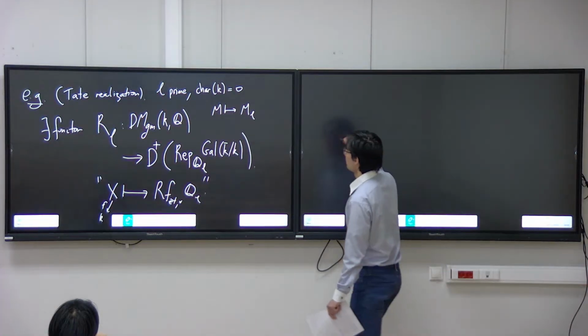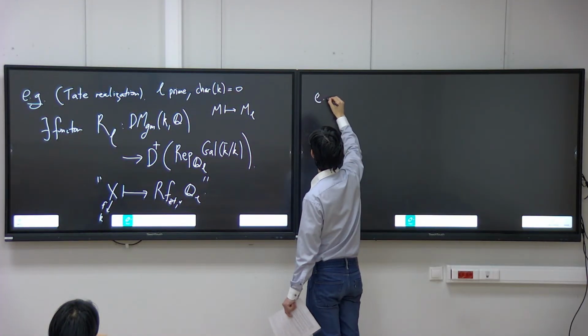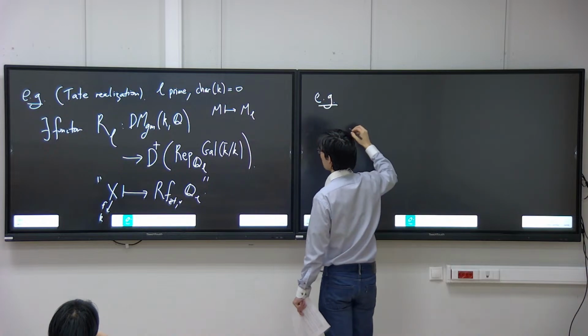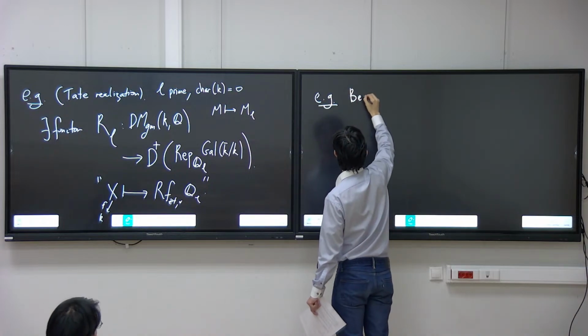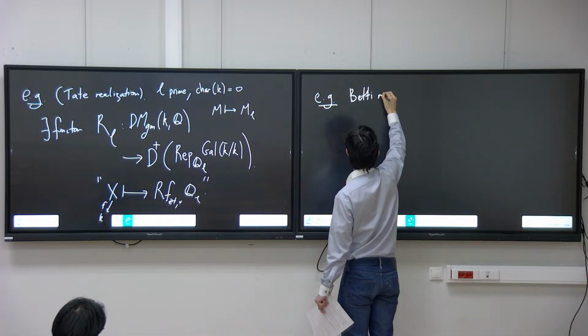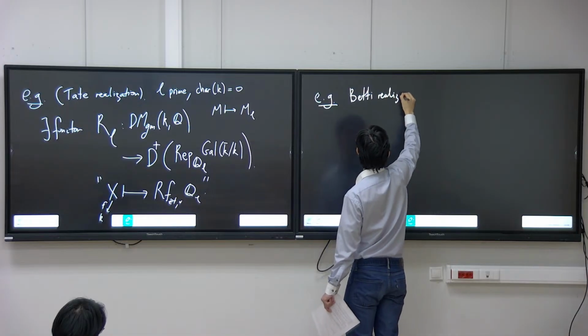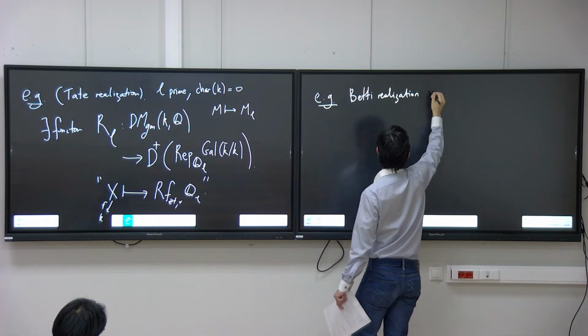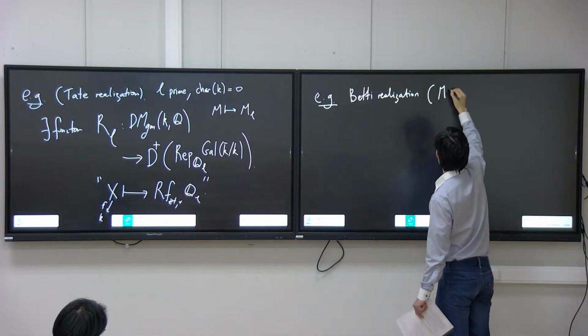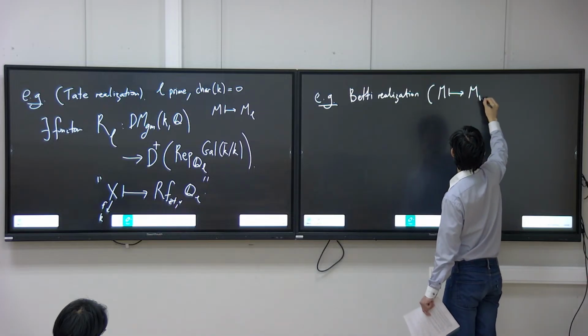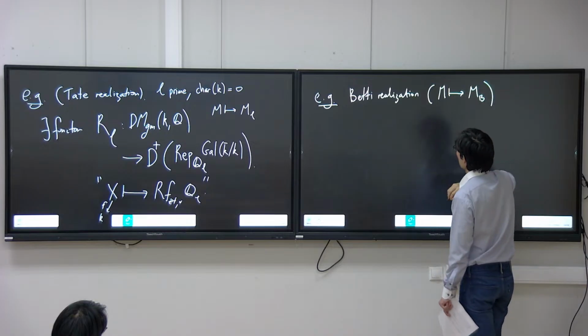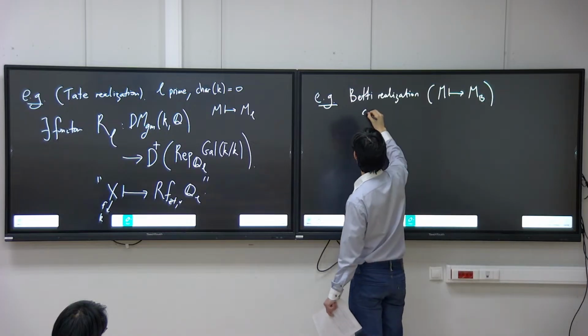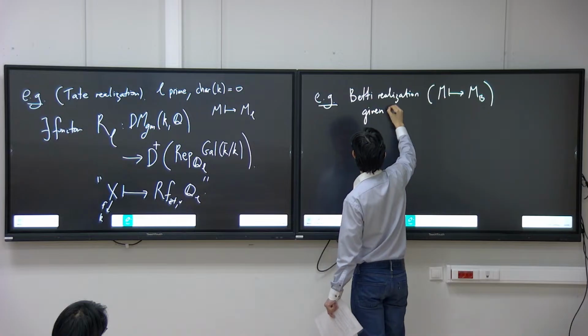And similarly, I won't spell it out, but there is also Betti realization, where, let's just for notation, M gets sent to M_B, given by Betti cohomology.